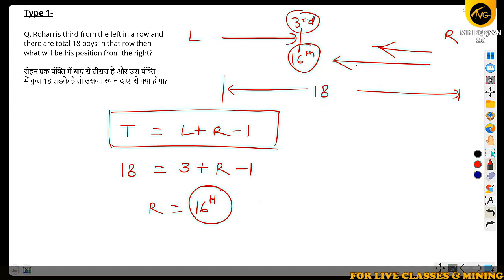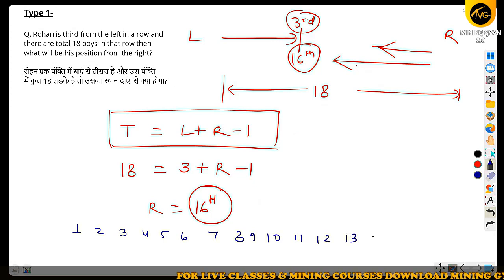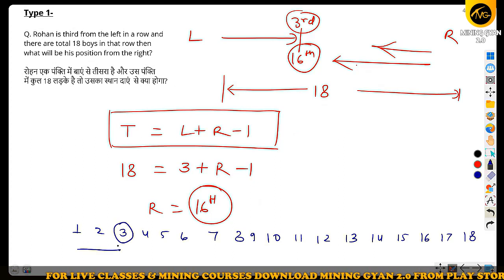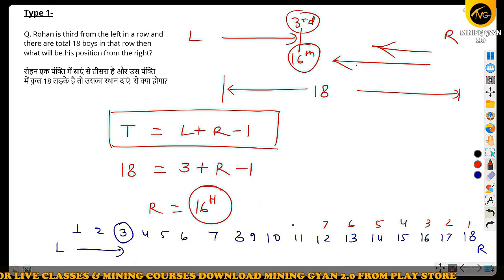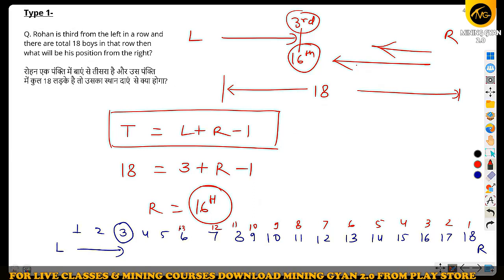Is it clear? You can cross check, suppose first position, second, third, 5, 6, 7, 8, 9, 10, 11, 12, 13, 14, 15, 16, 17 and 18. So basically Rohan, this is the position of Rohan from the left direction. Now this is the right hand direction, and then you can count 1, 2, 3, 4, 5, 6, 7, 8, 9, 10, 11, 12, 13, 14, 15 and 16.